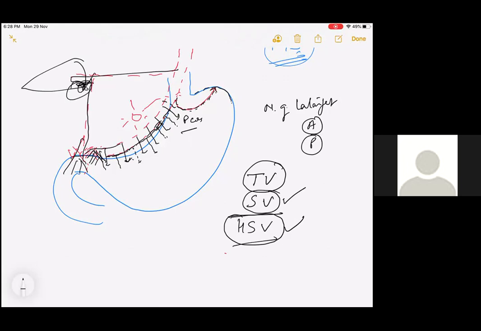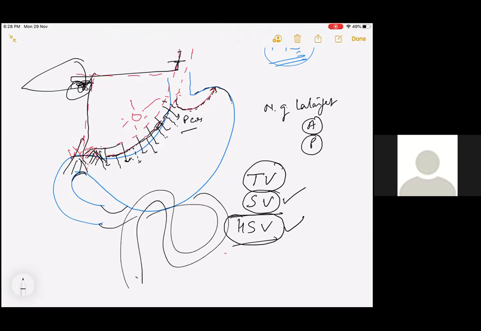And the pylorus is controlled by this pyloric branch, which is coming from the hepatic branch. So if you cut above that, then you're likely to produce drainage problems. So you therefore need a gastrojejunostomy or pyloroplasty.